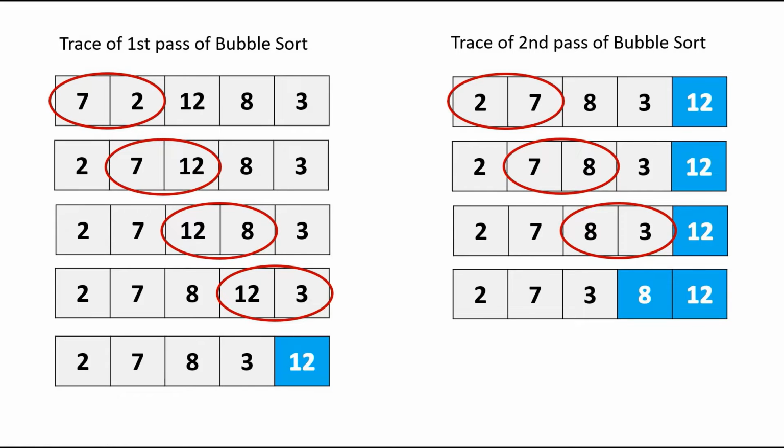In the next step, we have to compare index number 3 and index number 4. So 12 and 3 are compared and 12 is larger than 3, so it must swap. So 3 comes here, 12 comes here. Now you can see that 12, the largest element, has come to the end of the list.